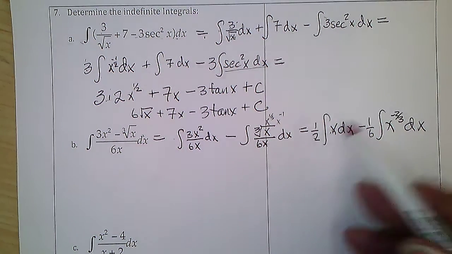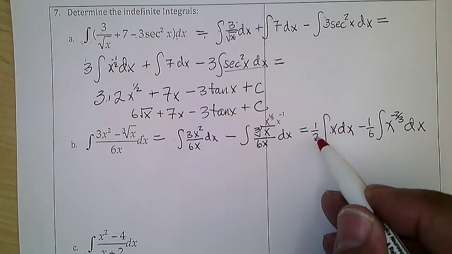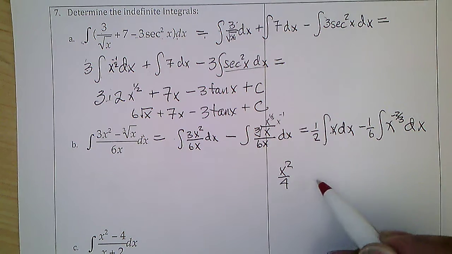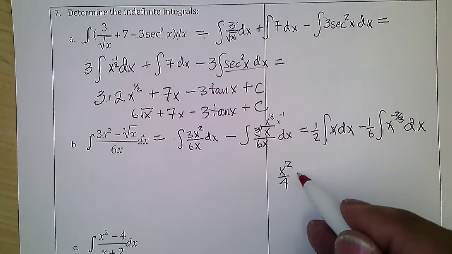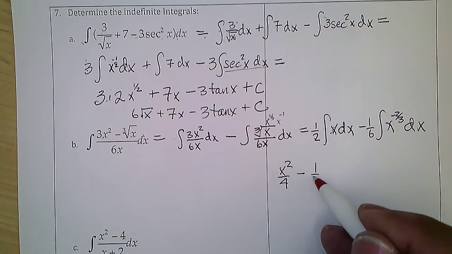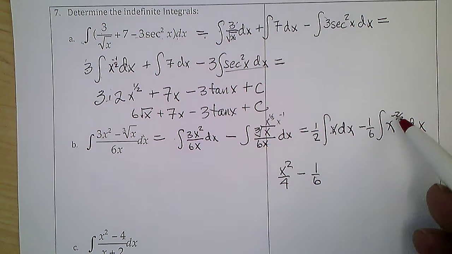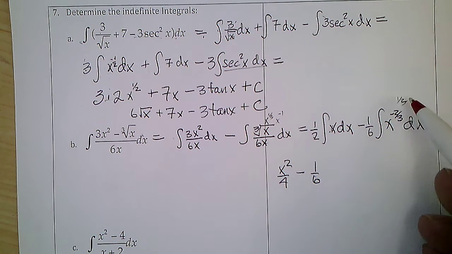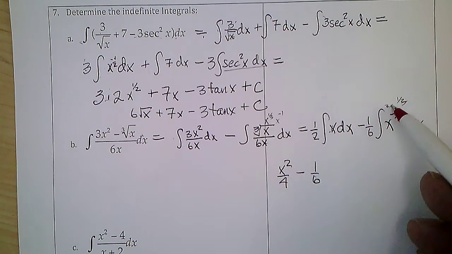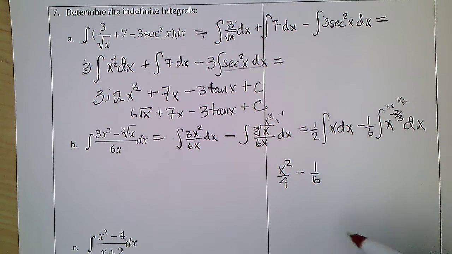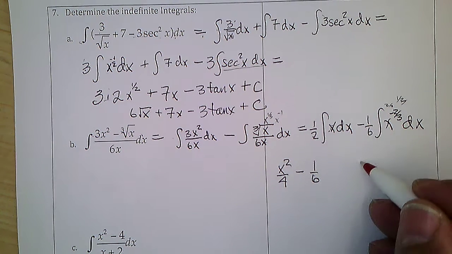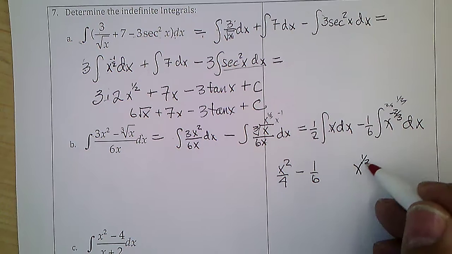So this becomes x squared over 2 times that, so it's x squared over 4, or 1/4 x squared, minus 1/6 times, if I add 1 to this, I get a positive 1/3. And that's adding it, so it'd be x to the 1/3.